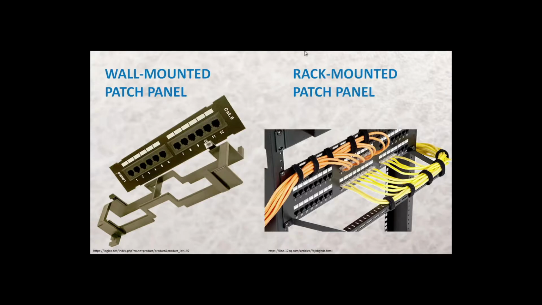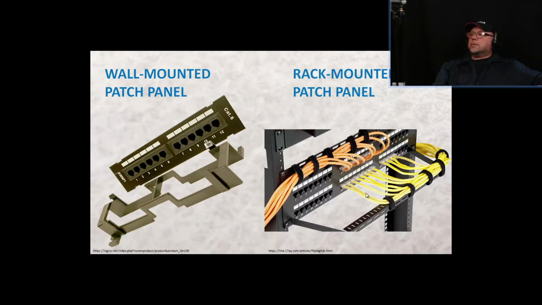All right, so here's the wall-mounted and rack-mounted. Now, you see this thing here? It's something that's called a support bar. It provides a strain relief for the cables. Ethernet cables are quite fragile when it comes to any sort of physical strain that is put on them, and if you pinch them or bend them too much, or if you put any kind of physical pressure on Ethernet cables, you can actually alter the specifications of the cable.